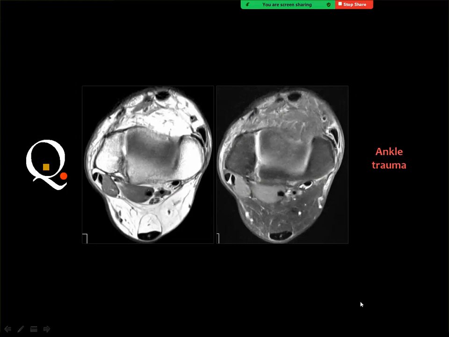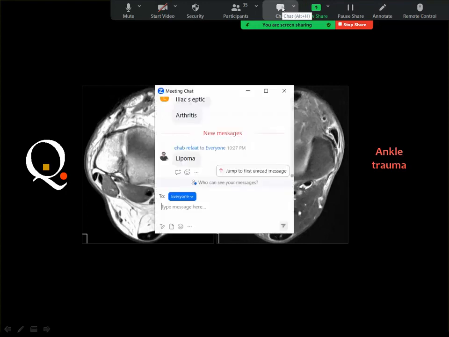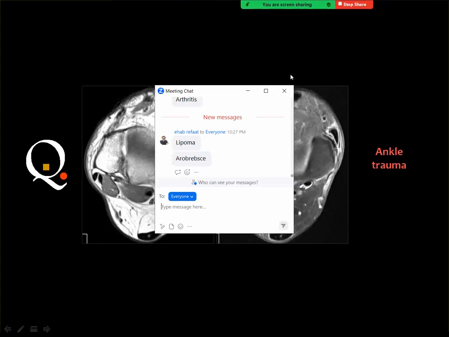Next case is an MRI of the ankle when the patient had a history of trauma, and this is the axial T1 and axial T2 fat set. Lipoma, no. Where is lipoma arborescens in the ankle?